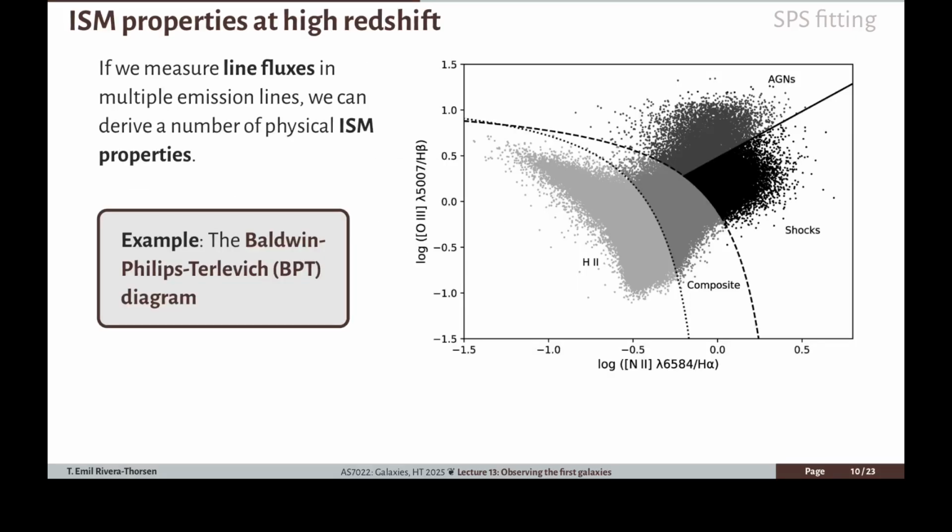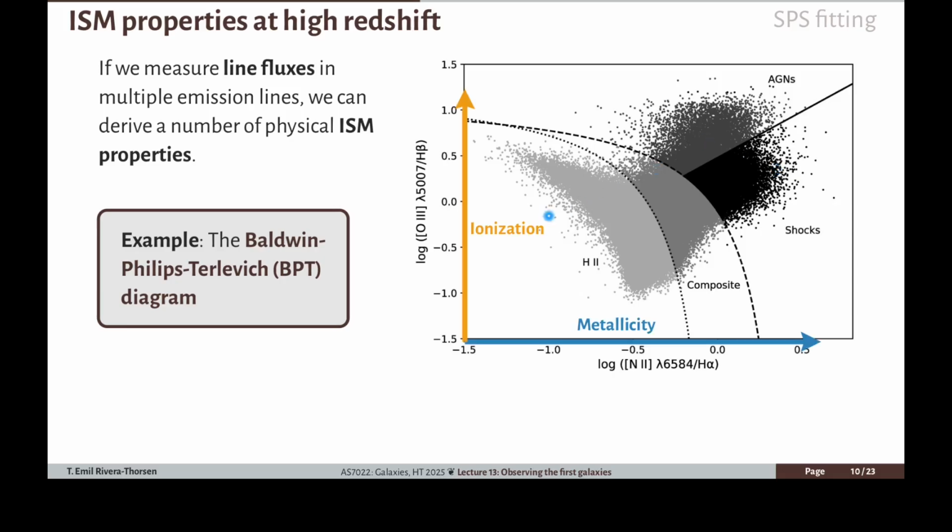We can also learn something about the ISM properties at high redshift if we have emission lines to go with it. We can measure these line fluxes in multiple emission lines, and we can derive a number of physical ISM properties. An example here is what we call the Baldwin-Phillips-Terlevich, or just the BPT diagram, which is a diagram that basically categorizes different galaxies into different types based on what the source of their ionizing radiation is.